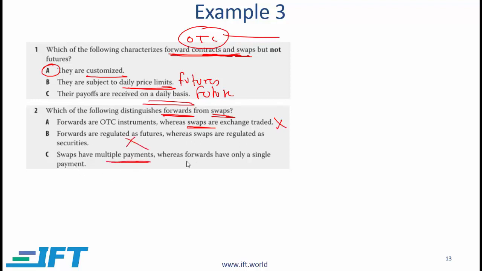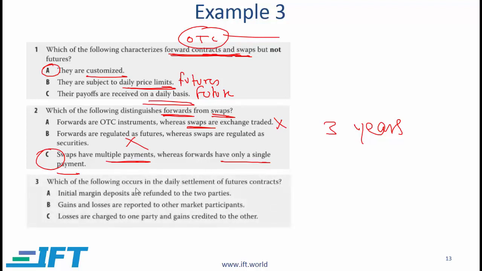Swaps have multiple payments, whereas forwards have only a single payment. This is correct. Remember, with my interest rate swap example, I said that the tenor is 3 years and the settlement was every year, which meant that multiple payments are being made. With a forward contract, only one payment is made at expiration.